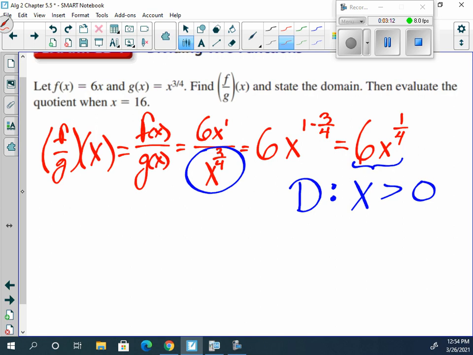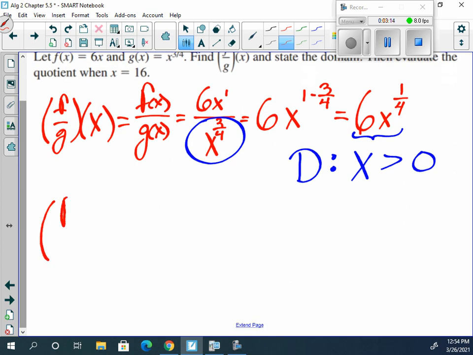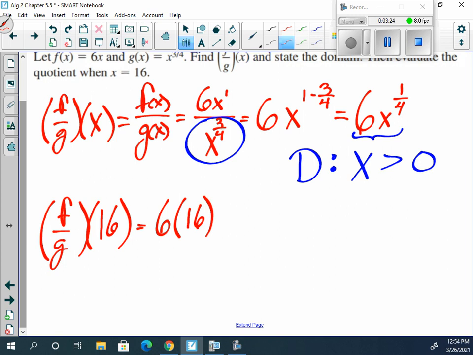Okay. Well, last but not least, we need to take f divided by g of 16, which for us here would be 6 times 16 to the 1/4. And again, at this point here, we can plug this into the calculator. You can do 6 times 16 to the 1/4 in the calculator, and it would give you your answer.